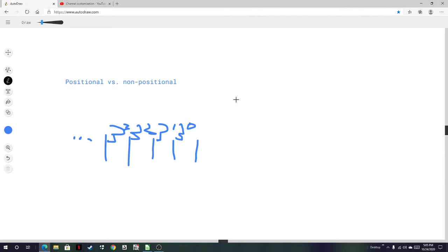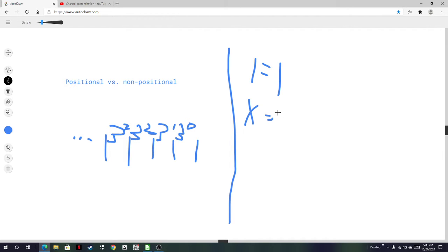But non-positional notation is, let's take Roman numerals. You just have certain symbols for certain numbers, and depending on where they are, if a smaller one comes before a larger number, you subtract it. If a larger one comes before a smaller one, you add. So let's take Roman numerals, for example.